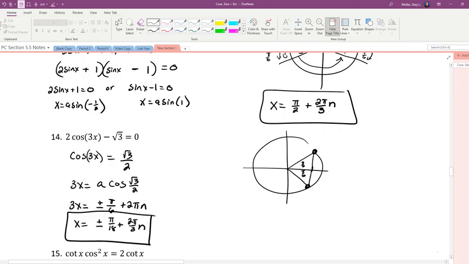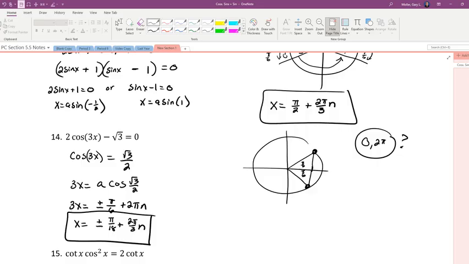If this was a problem that we were going to answer between 0 and 2 pi, then what I would need to realize is that my last step is to divide by that 3. What that does is it takes angles that are way outside of 0 to 2 pi and brings them in.